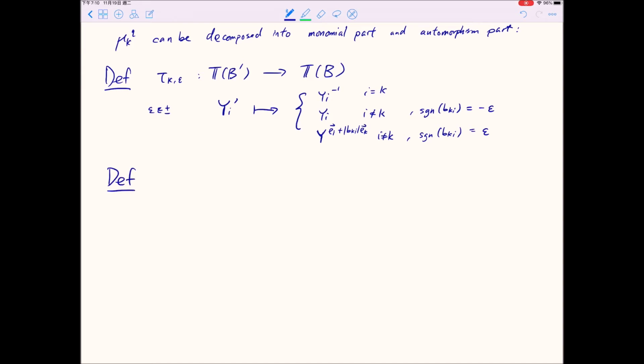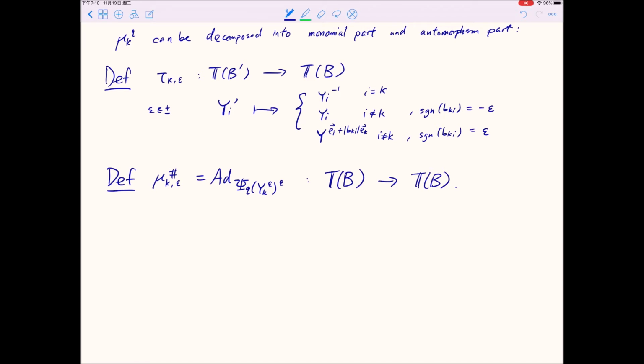So this is the monomial part because you are just changing yi prime to monomials of y's. The automorphism part is then given by the conjugations or adjoint action of the quantum dilogarithm functions. So this naturally is a map from TB to TB, right?